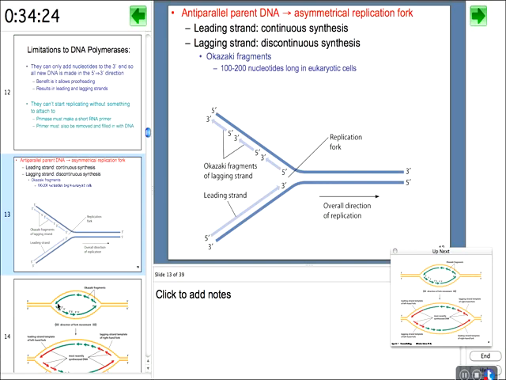So on the lagging strand, replication by polymerase is in short segments. But each segment is 5 to 3. It's always done 5 to 3.